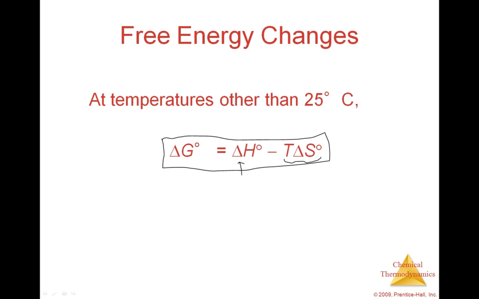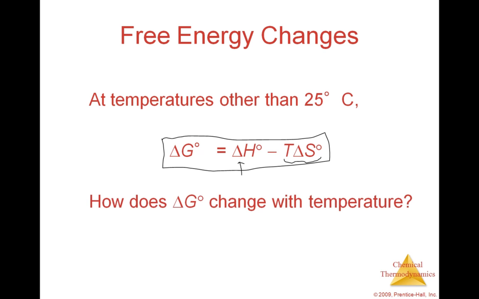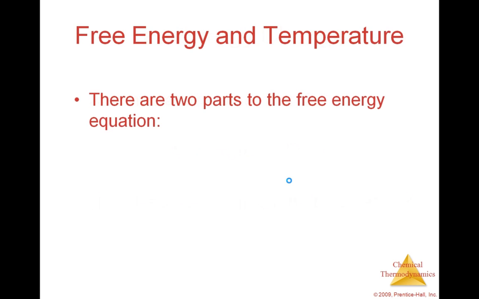And the entropy term is the product of the temperature, the absolute temperature in Kelvin, multiplied by the change in entropy of the system. So the thing to understand is that Gibbs free energy is temperature dependent in most cases.